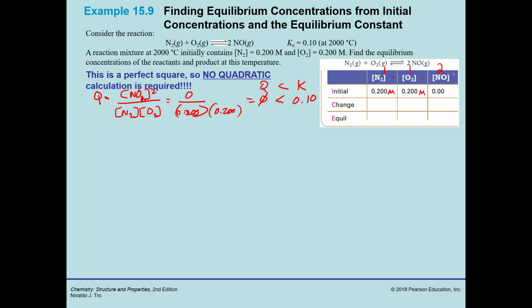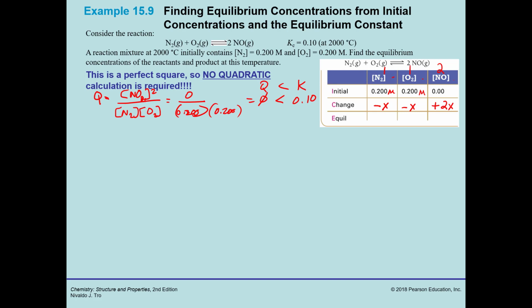I'm going to use X to figure out what's happening. It's going to go down 1X, and so is this one, but this one will go up 2X. See why I did that? Because it's in molar ratios, so I'm doing them proportionally.